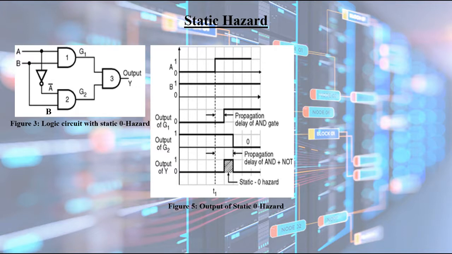The output of gate 1, G1, becomes high after a time delay equal to the propagation delay of AND gate 1. The output of gate 2, G2, goes low after a time delay which is equal to the sum of the propagation delays of the inverter and AND gate 2.